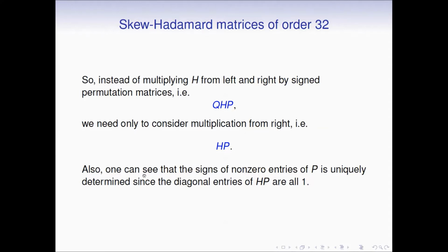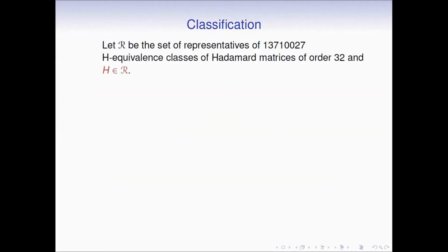Also we can find the pattern of signs in this sign permutation matrix by just looking at the diagonal, by observing that the diagonal entries of HP must be 1. This is the definition of a Skew-Hadamard matrix. The entries on the diagonal must be 1.